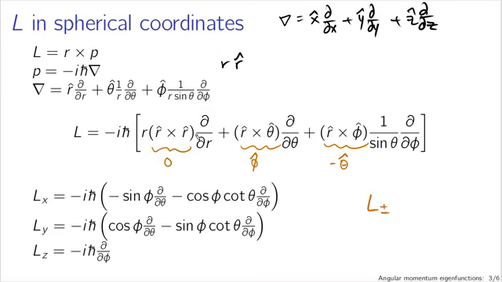The way to do that, and the way Griffiths uses at least, is to take this expression for the angular momentum operator, which has phi hat and theta hat in it, and express the phi hat and the theta hat in Cartesian coordinates. Those Cartesian coordinates values of theta hat and phi hat will depend on theta and phi, so we end up with this weird hybrid Cartesian spherical coordinate system. But doing so allows you to identify the x component of the angular momentum, y component, and z component.